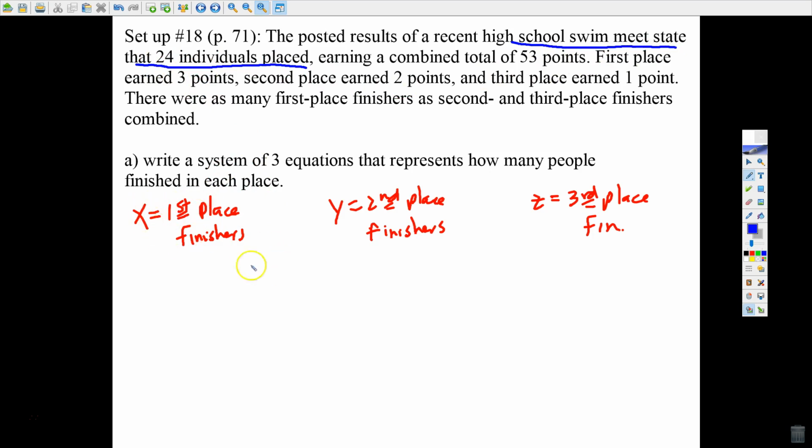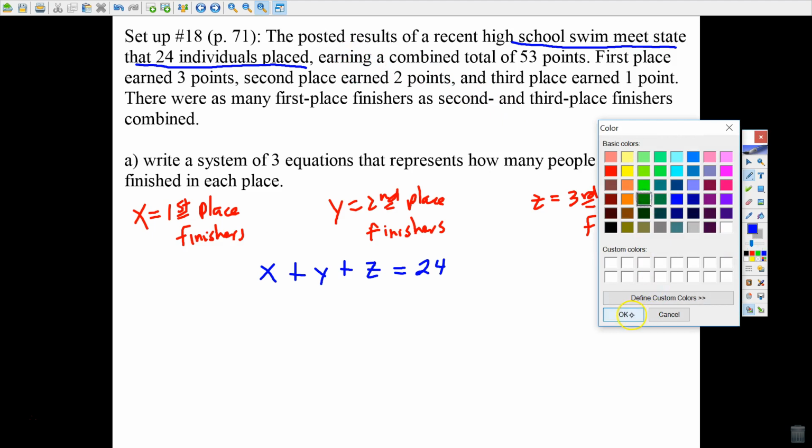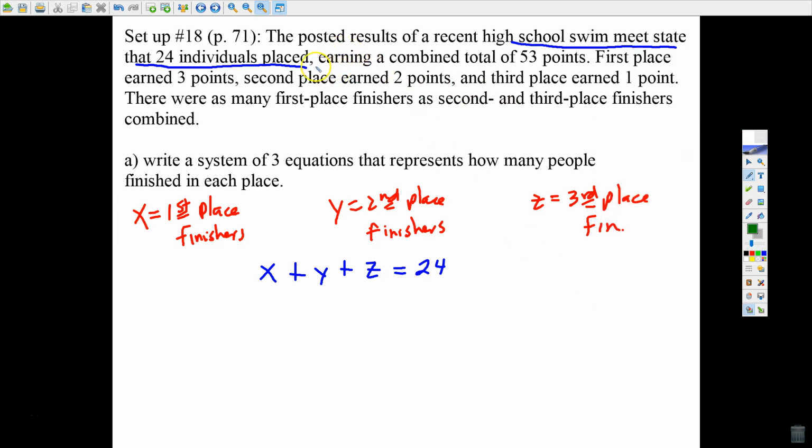So I had X many first places, Y many second places, and Z third places, and that should be a total of 24 that placed. So that's one of my equations. Okay, I've got another equation. Maybe we'll go with green. Notice that one equation will deal with the number of total points earned.